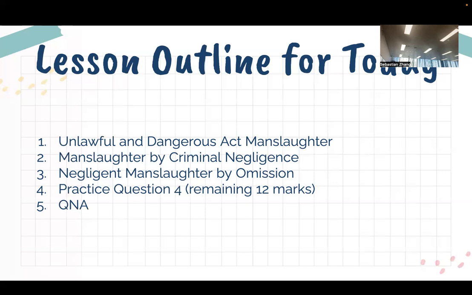UDA manslaughter, or what we call dangerous act. The other type of manslaughter is what we call negligent manslaughter. Just let me write this here. UDA, unlawful and dangerous act. And finally, we've got defenses, which is what we're doing with 11.